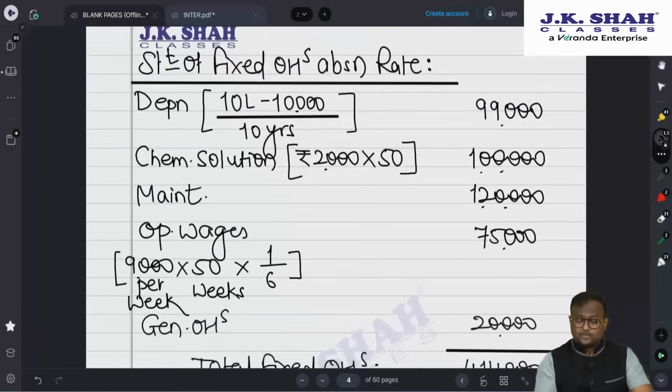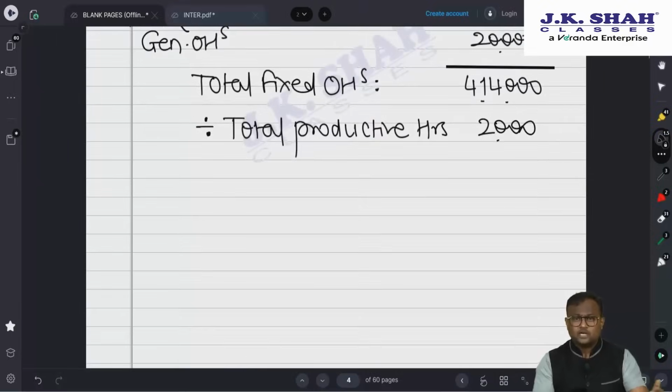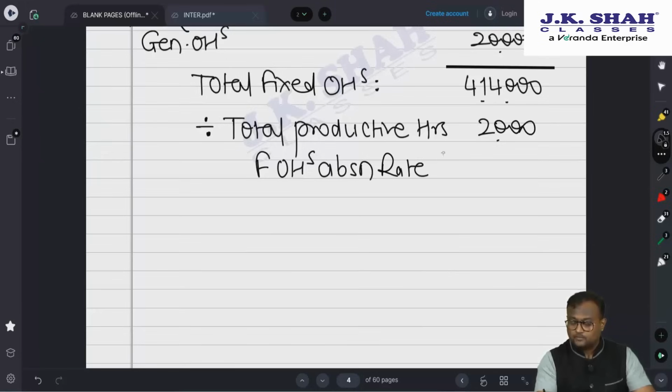Do you think depreciation, solution, maintenance, wages, general overheads are going to get affected by running and setup? No. So I need total productive hours for this calculation. My fixed overhead absorption rate is 207.